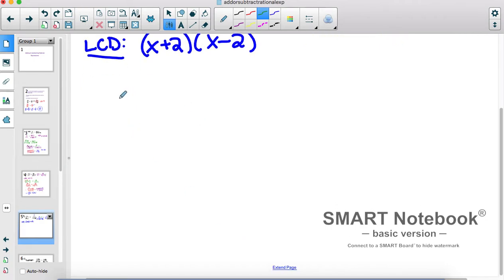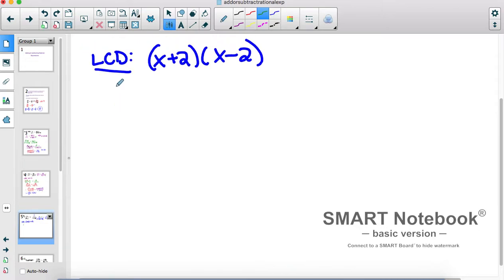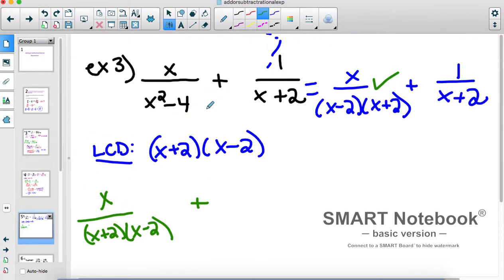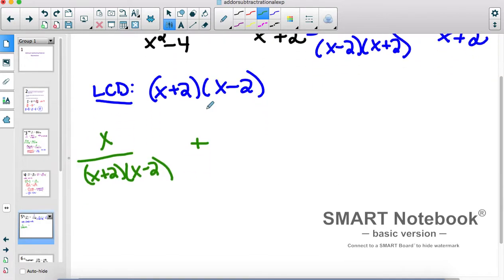So it was x over x plus 2, x minus 2, plus 1 over x plus 2. But we said this is missing something. So let's multiply by what it's missing. It's missing an x minus 2.